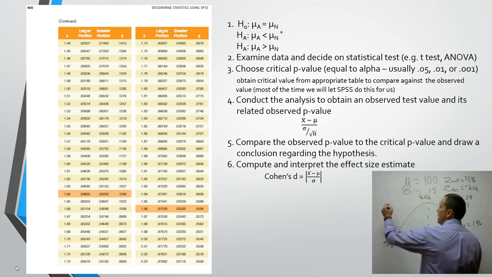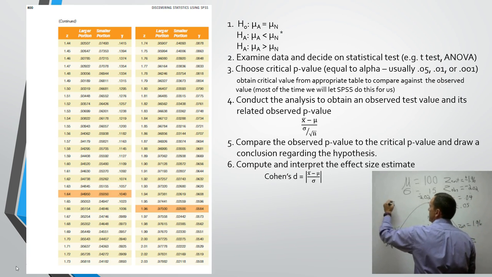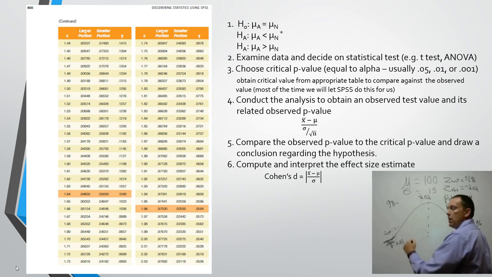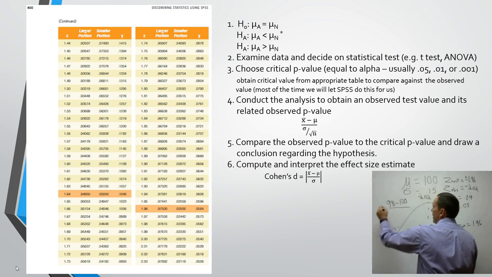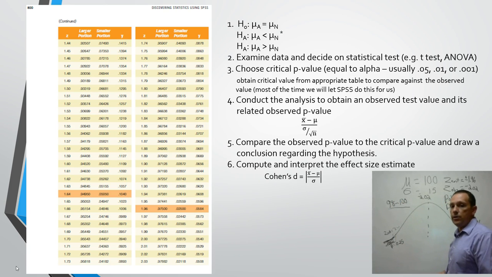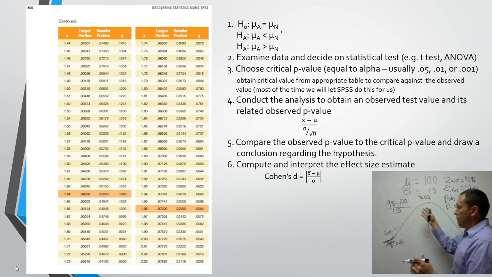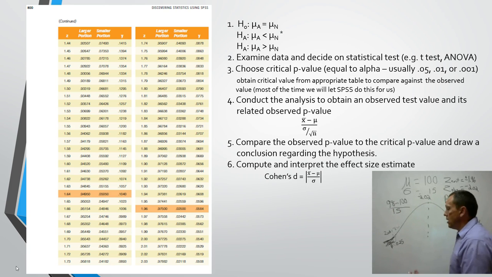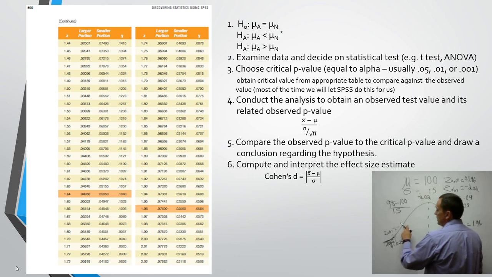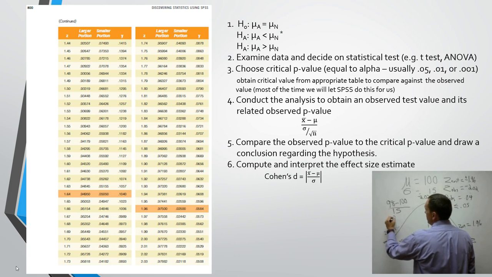So what is our mean? Our sample mean was 98. We know our population mean is 100. And we're going to divide this by the standard deviation for the population, which we know was 15. So 98 minus 100 divided by 15. You can do this on your calculator. Basically, what you're going to get is 0.13.